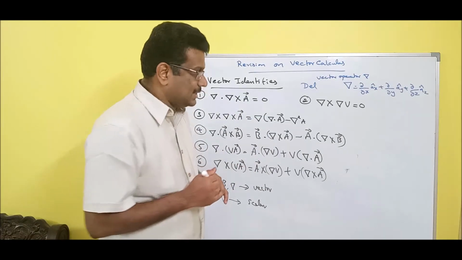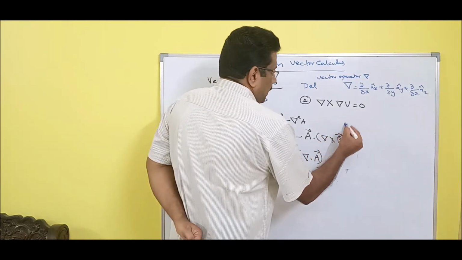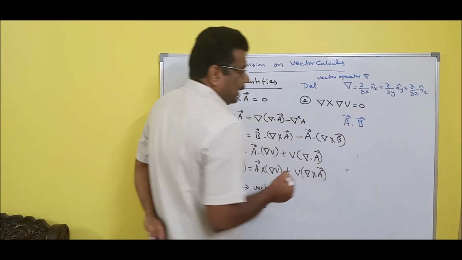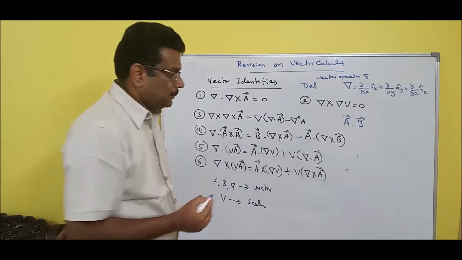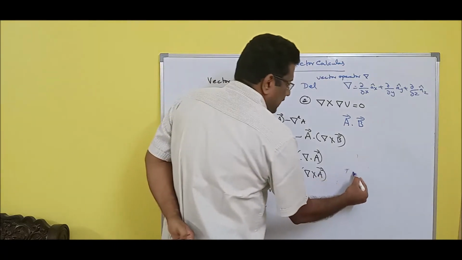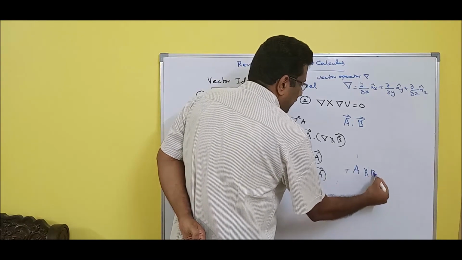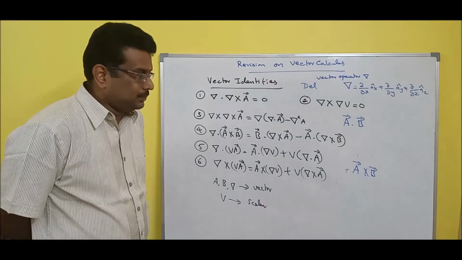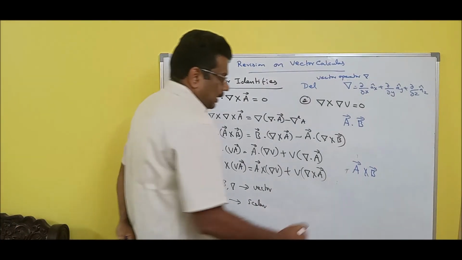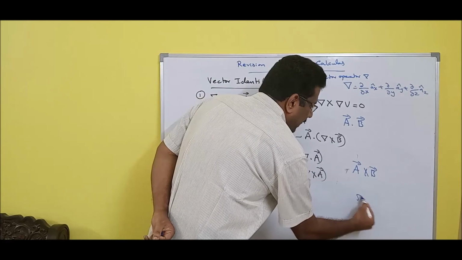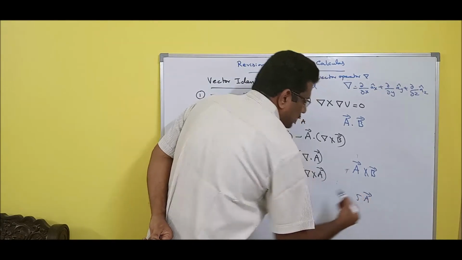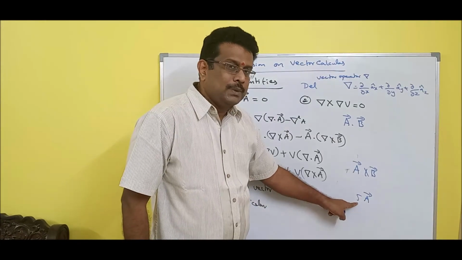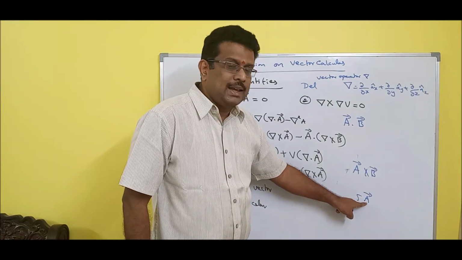Now carefully listen. If I say A dot B, it is between two vectors. If I say A cross B, it is between two vectors. If I say 5 into A direction, 5 is a scalar and A is a vector.